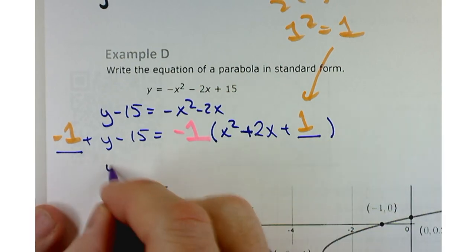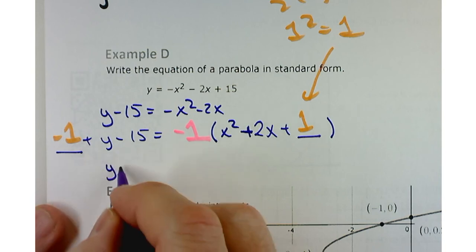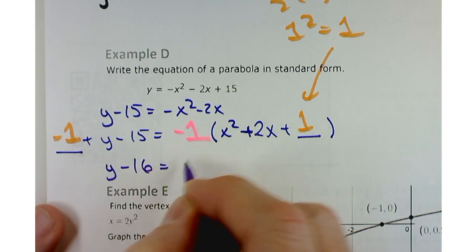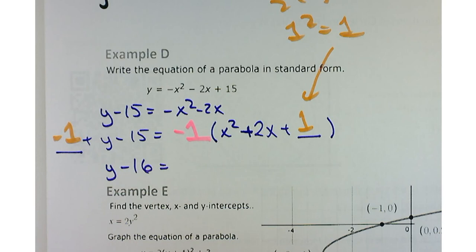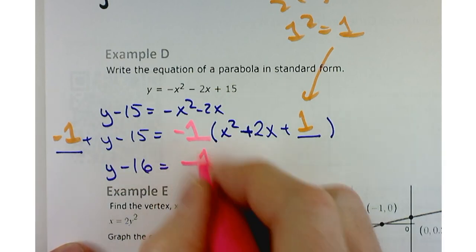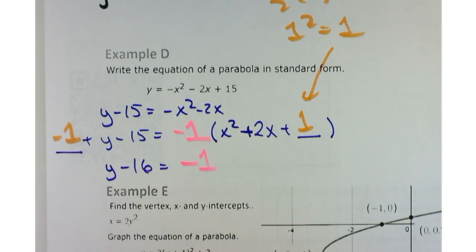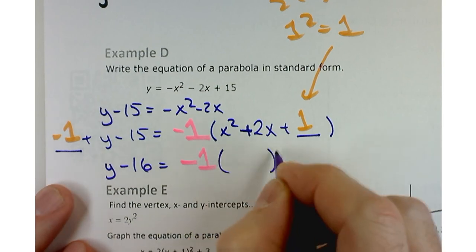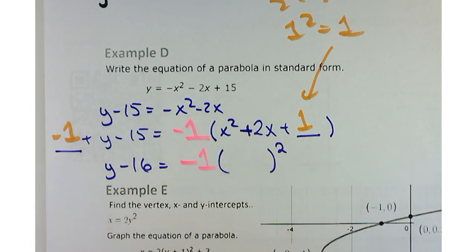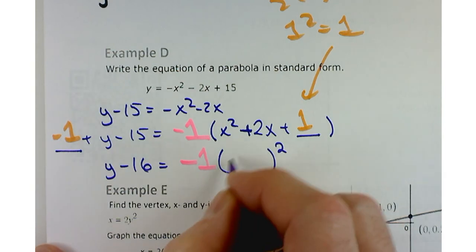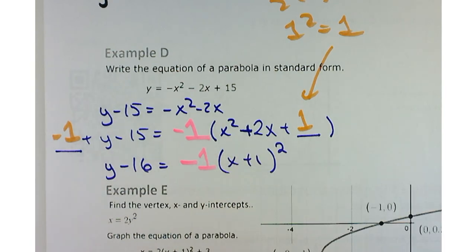Now the left-hand side, -1 and -15 is -16. On the right-hand side, that negative doesn't disappear, it just stays there. But I can rewrite the right-hand side. What's the right-hand side going to look like? X plus 1, perfect. So x plus 1 squared.